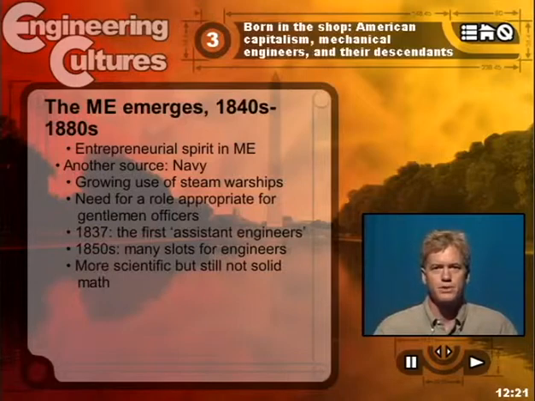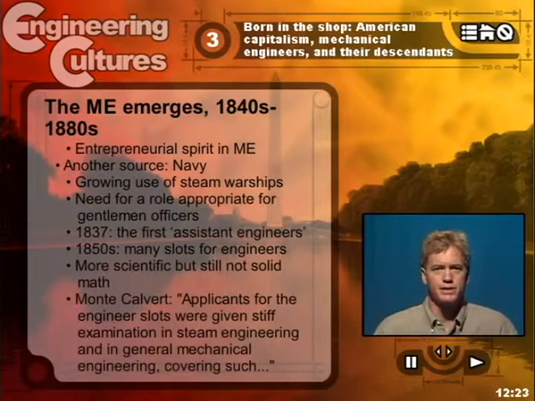Calvert writes, quote, "Applicants for the engineer slots in the 1850s were given stiff examinations in steam engineering and in general mechanical engineering, covering such scientific subjects as mechanical powers, expansion of steam, strength of materials, resistance of solids through fluids, and geometrical figures."